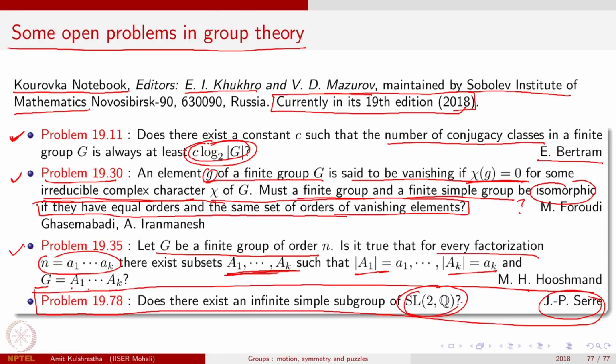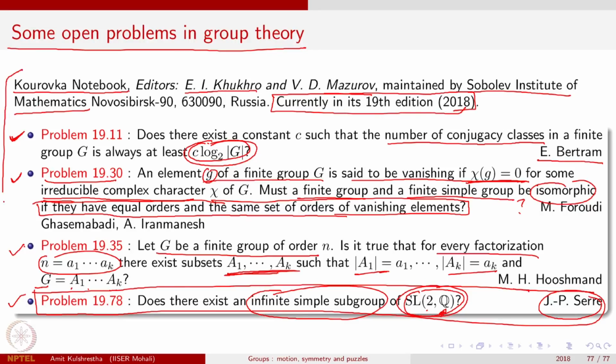SL2 is the collection of 2 by 2 matrices, here over rationals, which have determinant 1. In that group, can you find an infinite simple subgroup? It's quite surprising that such problems are still unknown. Whether such statements are true or not is still unknown.